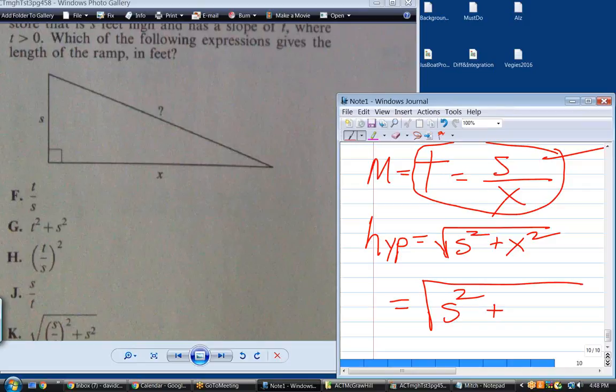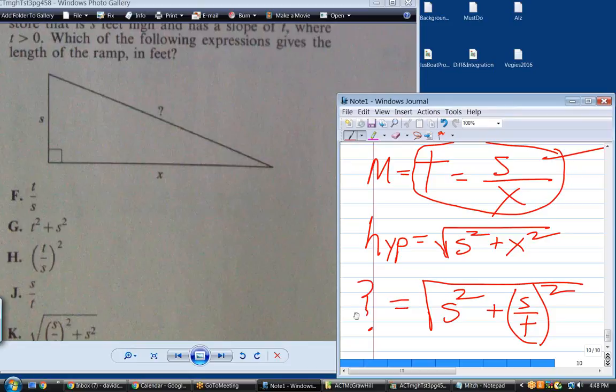Multiply both sides by x and then divide both sides by t. So x can be written as s over t, and I'm going to square it because that's what's called for. So that's our answer. That's what they're looking for.